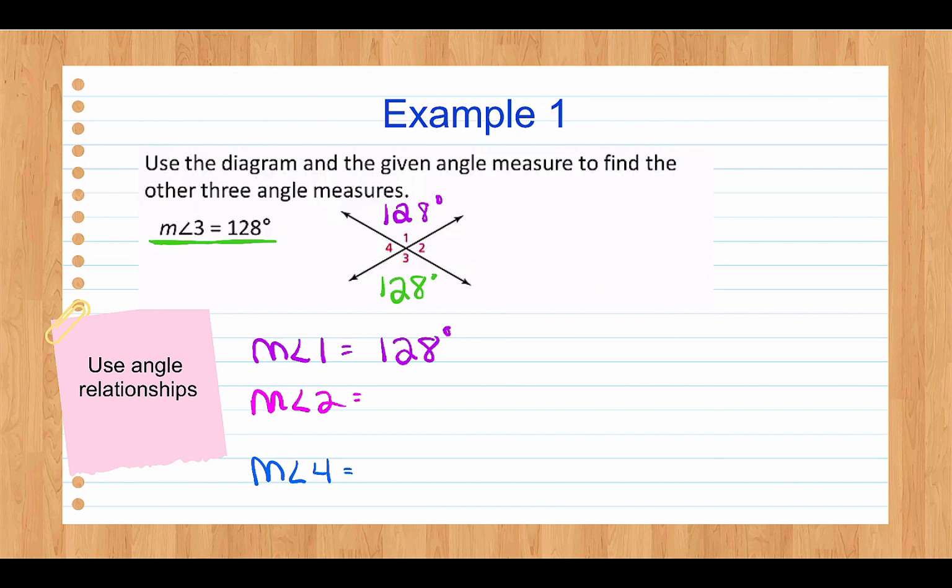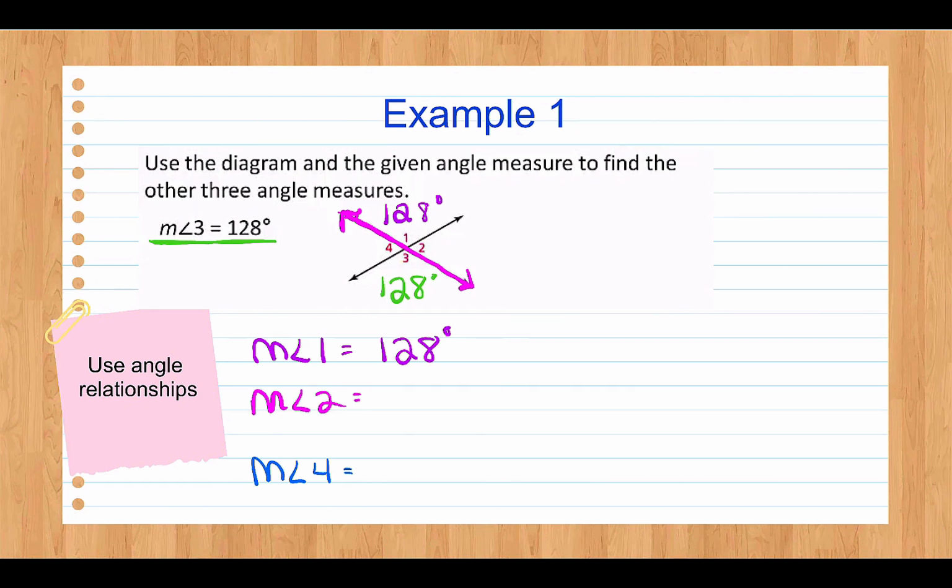So now, how do we find angle 2? Well, angle 2 forms a straight line with angle 1. And we know that if it forms a straight line, it equals 180.